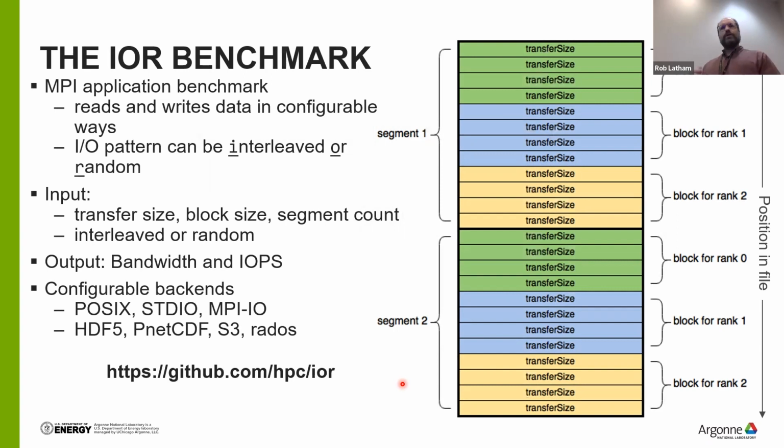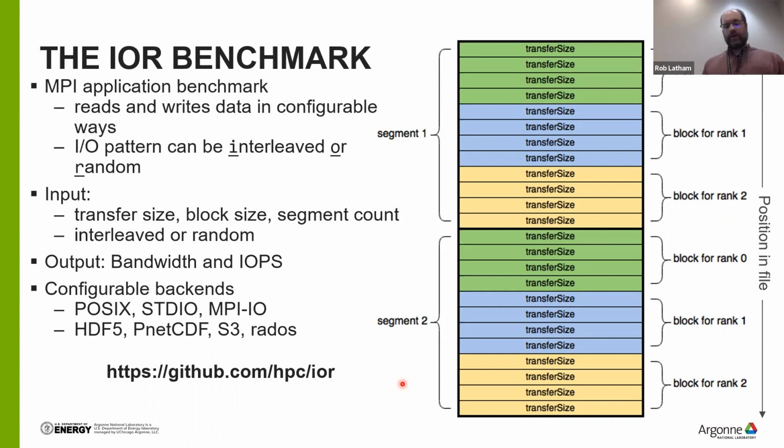The name IOR, for interleaved or random, is kind of an old name now. It's called IOR for historical purposes. It's just IOR these days. If I run this benchmark and give my results to somebody, they'll know what I did and how I configured it, and we'll be speaking the same language when we talk about the results.